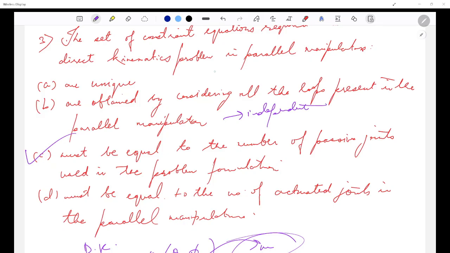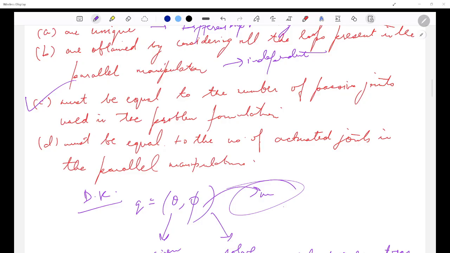Different loop breaking gives different equation sets, and the last option is must be equal to the number of actuated joints. This is incorrect, right? We solve for passive joints. Actuated joints are already known in direct kinematics. We solve for passive joints, right?